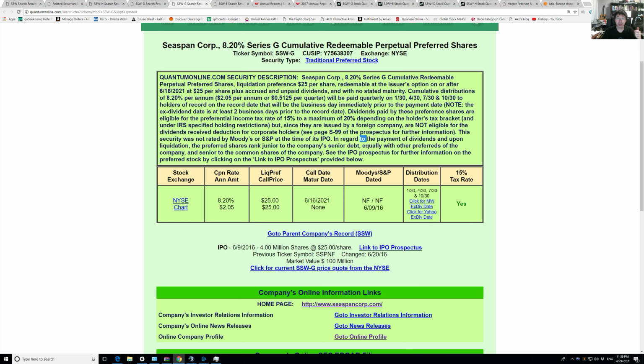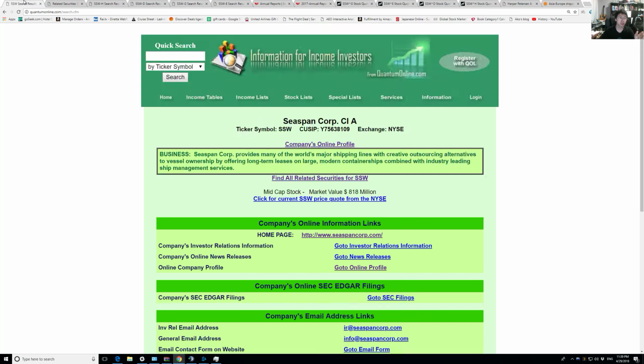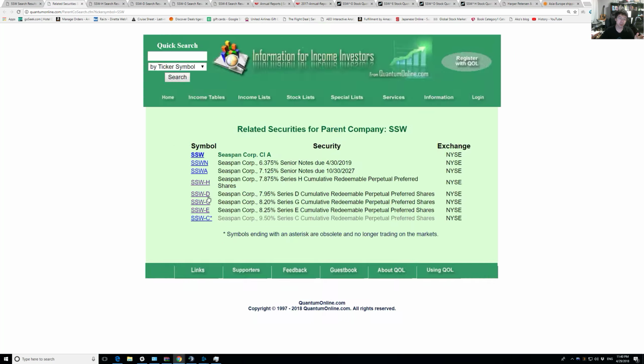And so here it says, in regard to payment of dividends and upon liquidation, the preferred shares rank junior to senior debt, equally to other preferreds of the company. So that's what I said. In this company, they don't actually have any mezzanine or anything like that. Just senior debt, and then immediately below that are the preferred shares. And as you saw on this screen, they have a bunch of preferred shares and some senior notes, so all these are ranked equally.